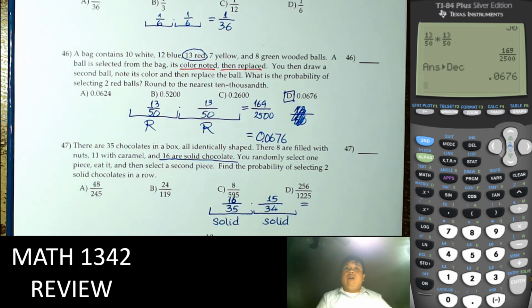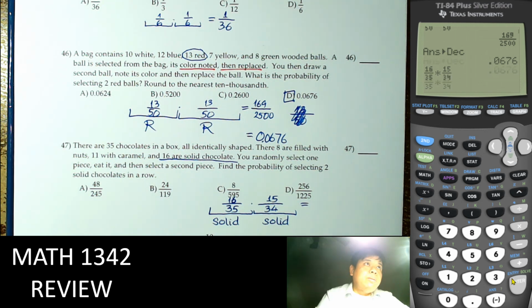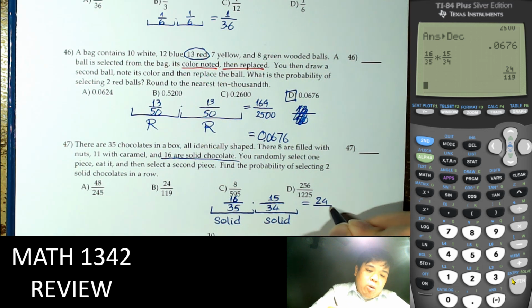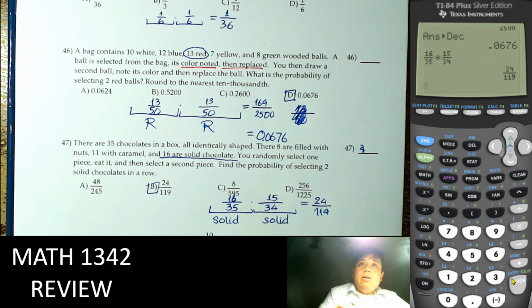So multiply straight across, and that's all we have. 24 over 119. Right, so that's what we have.